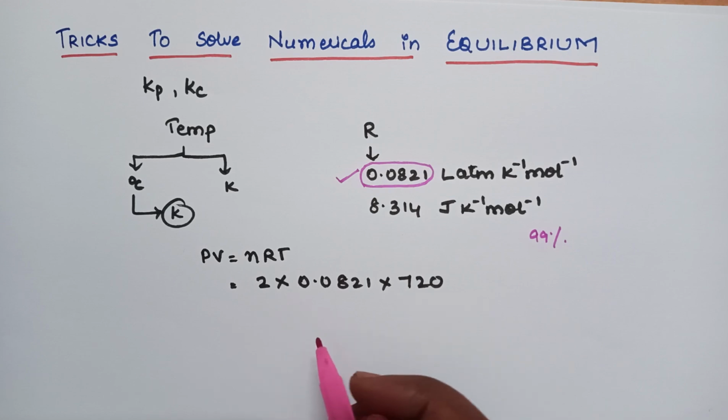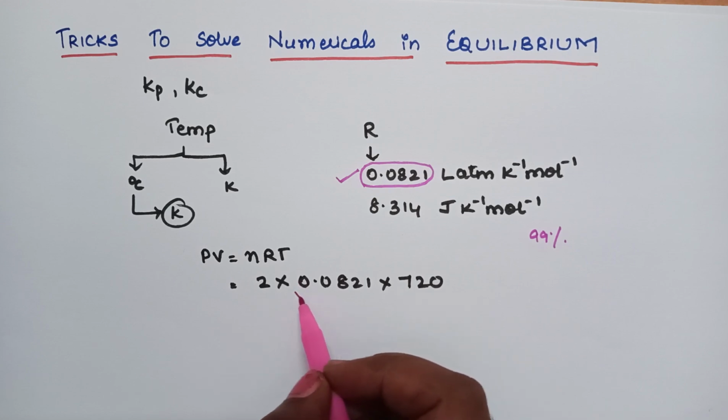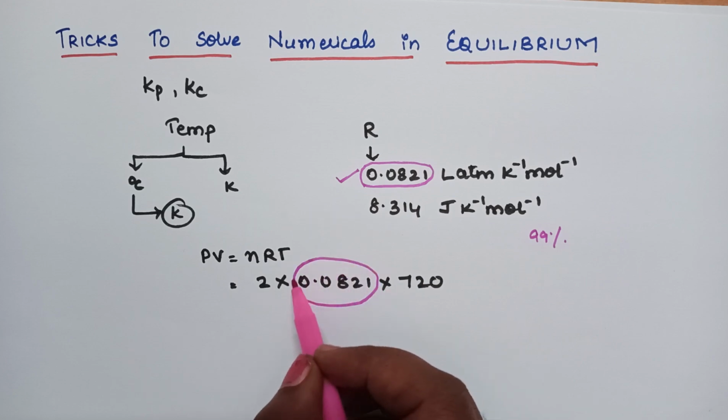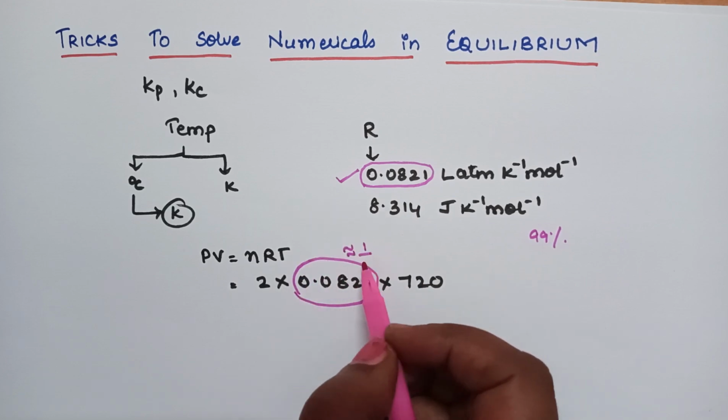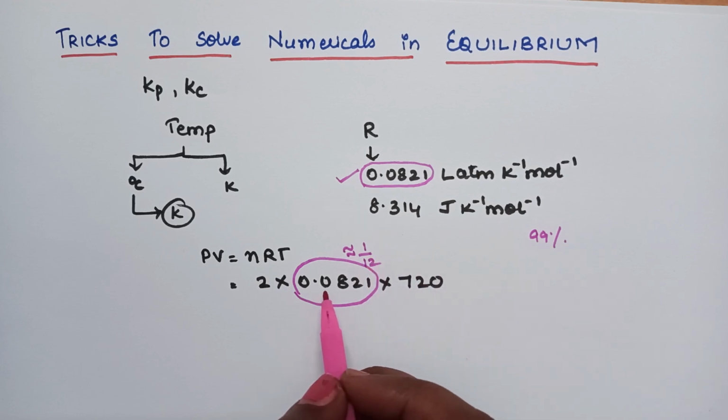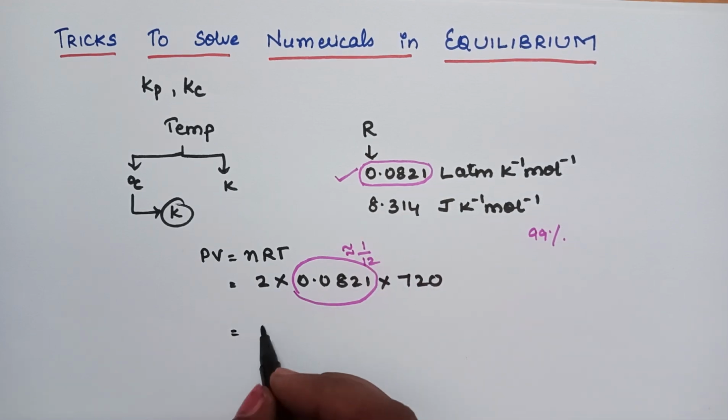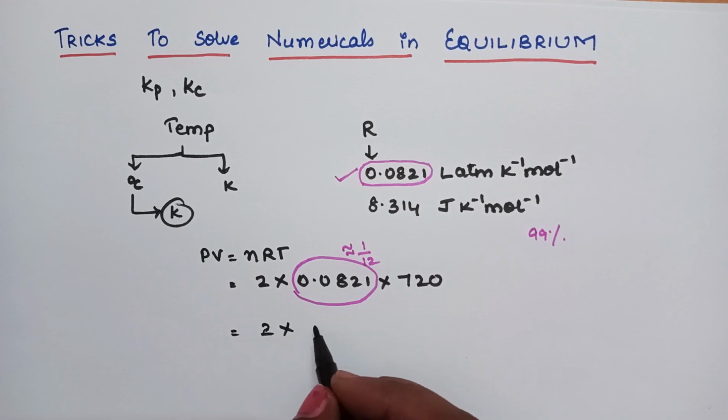Instead of 0.0821, you can use the value approximately equal to 1 by 12. In place of this, substitute 1 by 12. So you will be getting 2 into 1 by 12 into 720.